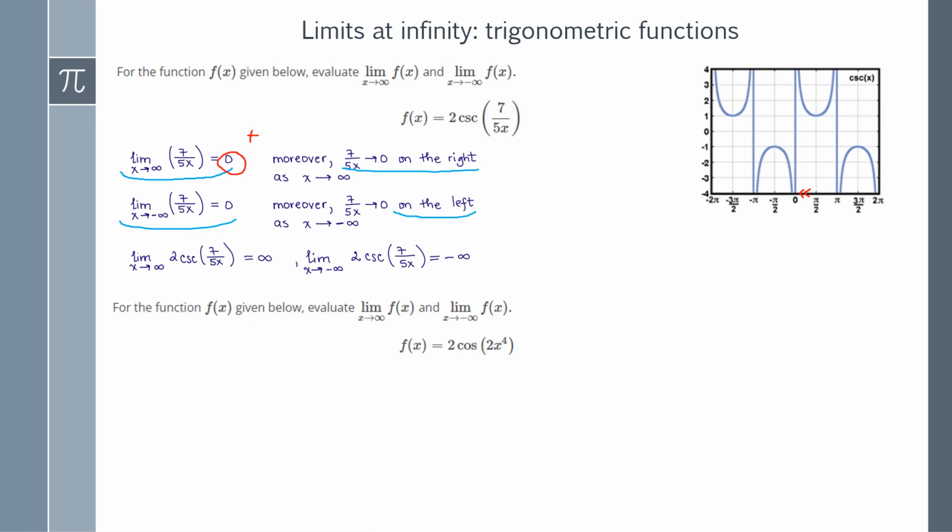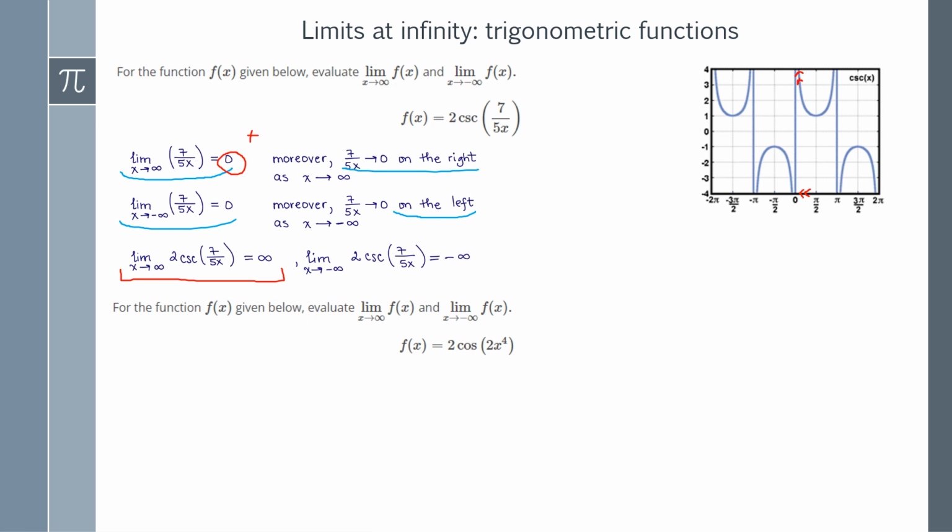What happens to the branch? The branch of the graph goes up to infinity. Okay, and that's why we have limit as x goes to infinity of 2 cosecant of 7 over 5x is equal to infinity.